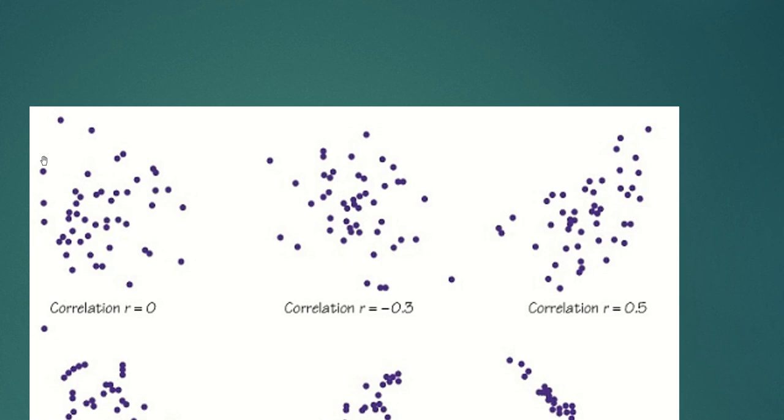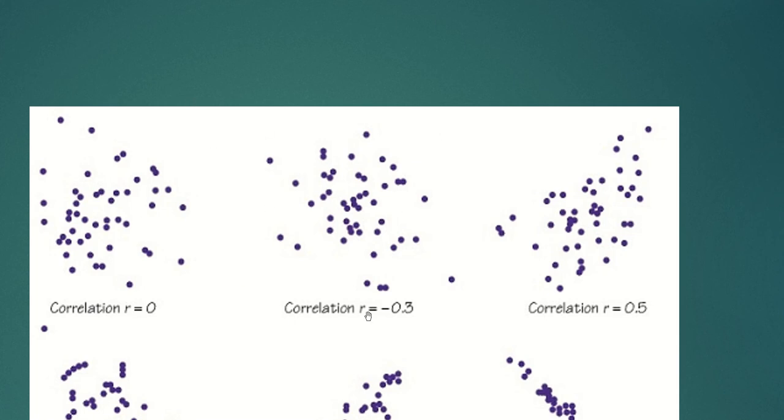We cannot draw a line here. Therefore, we say the correlation is 0. These measurements are not related to each other; they are just random.